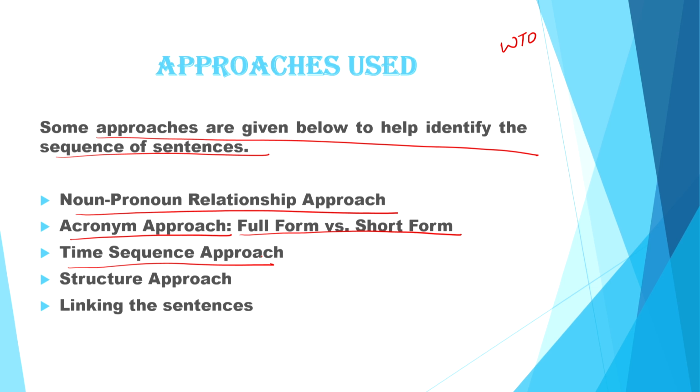Now, sometimes para-jumbles contain a time sequence, that is, there may be a time indication given either by giving years, dates, or by using time indicating words like before, after, later, when, etc. So, this provides a way for us to identify the correct sequence of the sentences by arranging the sentences using the proper time sequence. Fine? Is it clear? Now, let us take an example. Write it down.